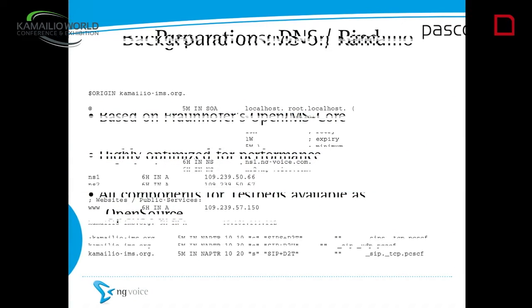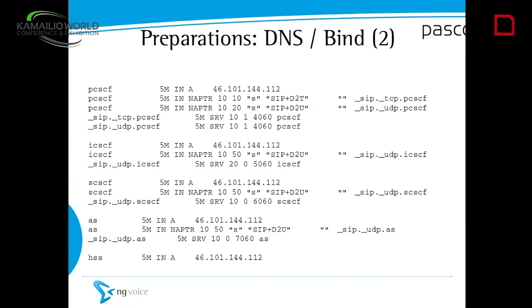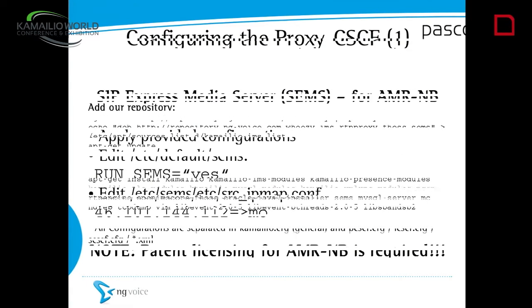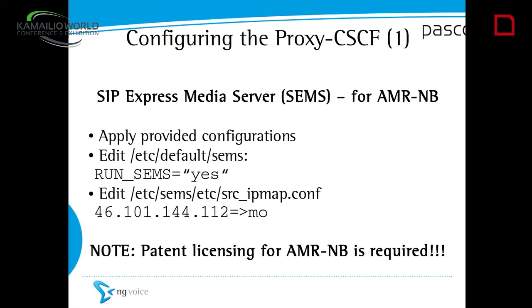So while it's installing, what do we need in our IMS Core? Of course, we need a Ziptel Express media server. This is basically because the standard requirements require us to support AMR narrowband minimum, maybe even AMR wideband.